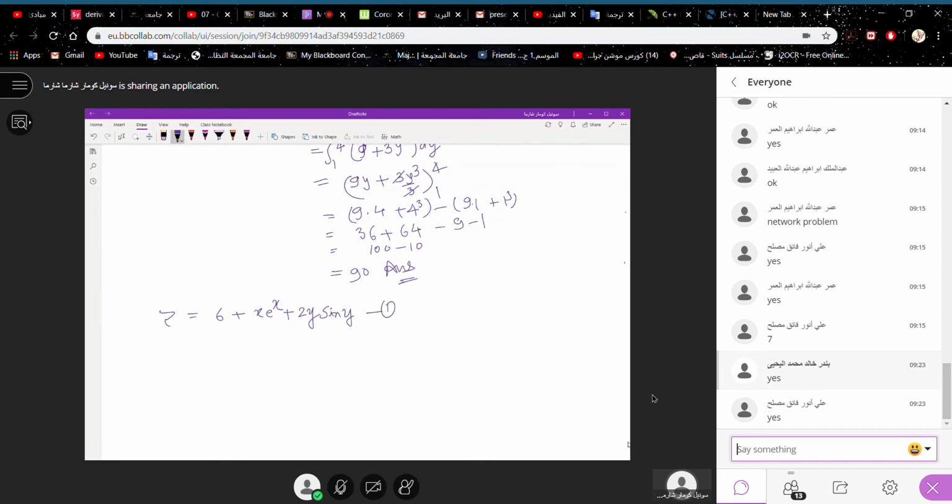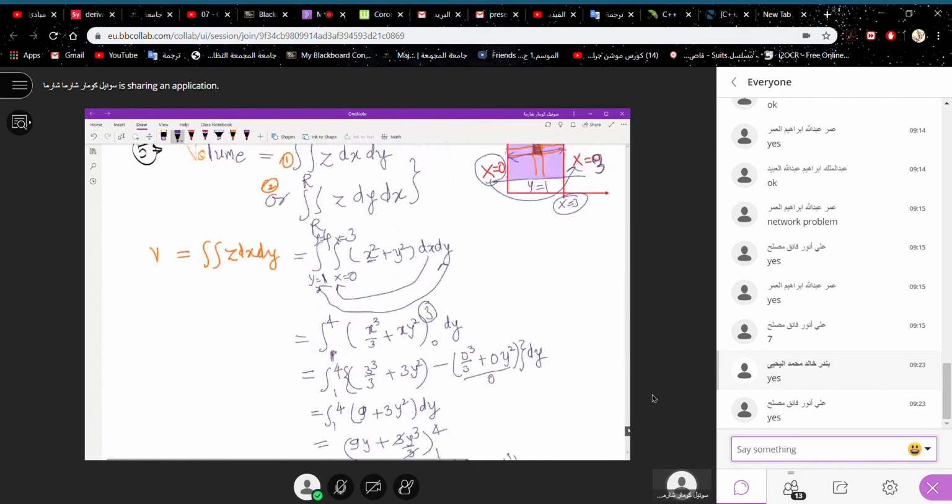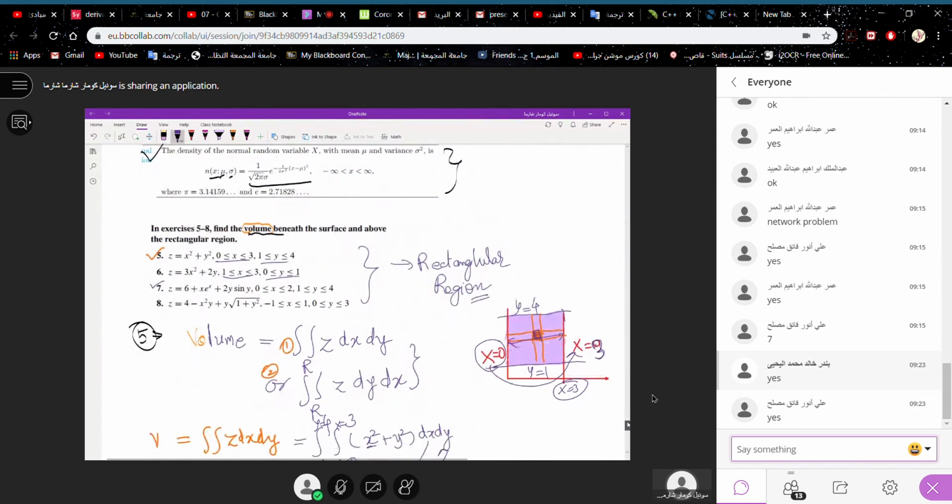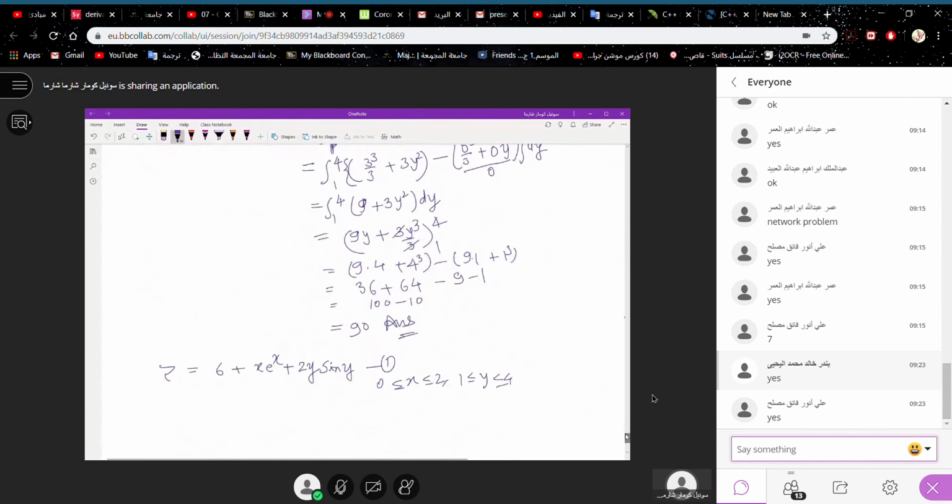And the limits for x and y: 0 is less than or equal to x less than or equal to 2 and 1 is less than or equal to y less than or equal to 4. What are the limits? Yes, 1 to 4, 0 to 2. Alright, this is your question. This is question number 7.